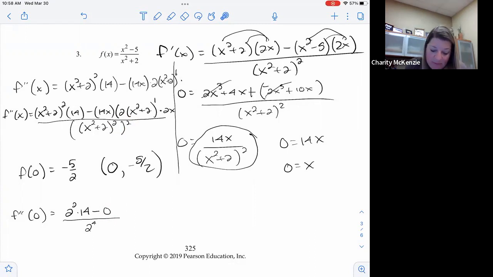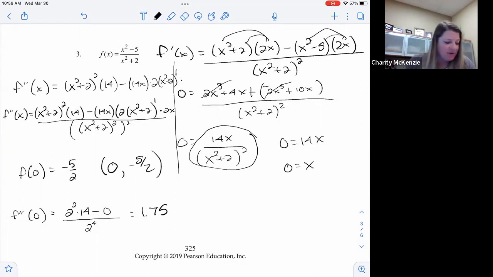So who knows? Anyway, what does this give us? Well, 2 squared times 14 is 4 times 14. And then we're going to divide that by 2 to the 4th, which gives me 1.75. So 1.75, is that bigger than 0 or less than 0?